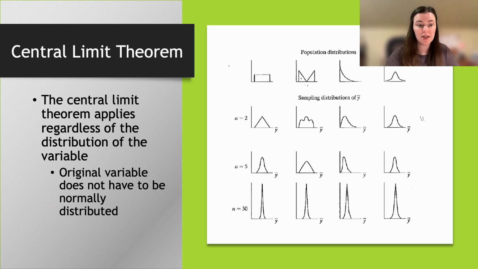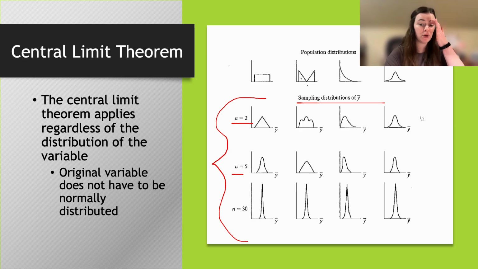The central limit theorem applies regardless of the distribution of the variable, and so regardless of what your sampling distribution ends up being, it could be any of these odd shapes, right? We see what happens when our sample sizes are small. Our distributions look very wonky in nature, right?